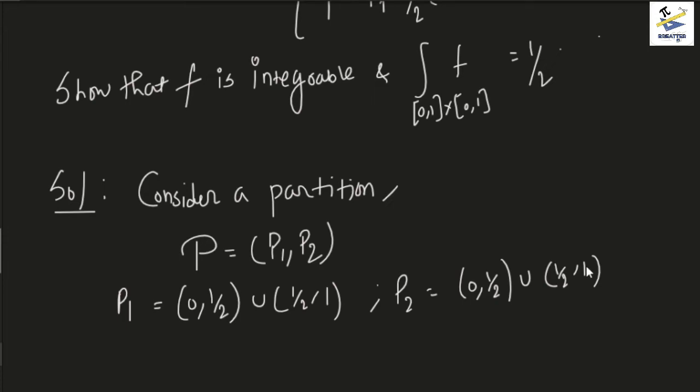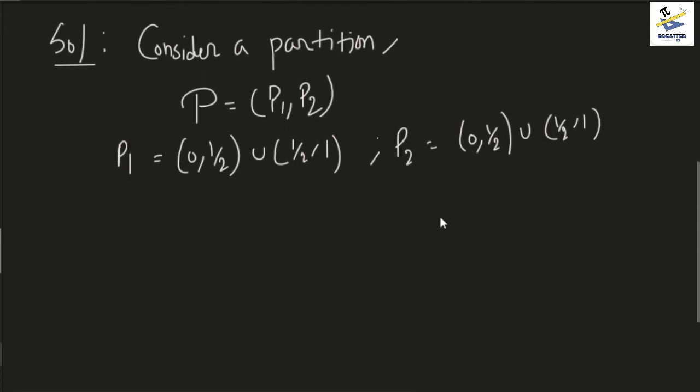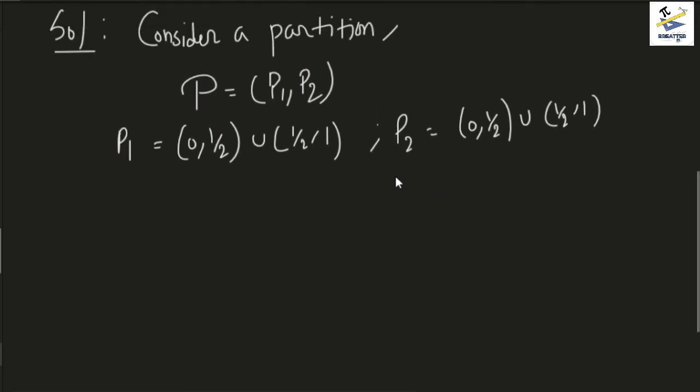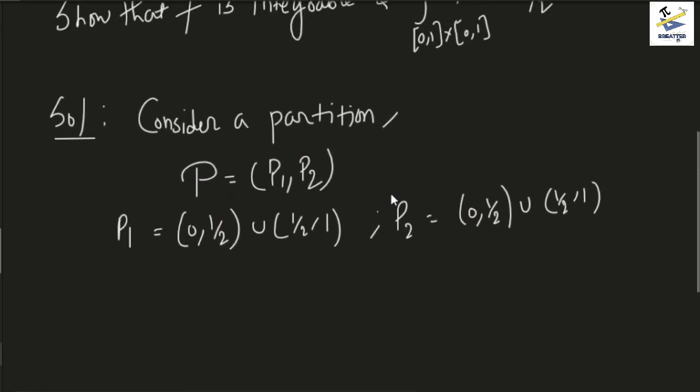So the partition P is composed of two other partitions, P1 and P2, and this is because we see right here that P is a partition and we need two partitions for our case, because the domain is [0,1] cross [0,1], which is a subset of R squared, right?